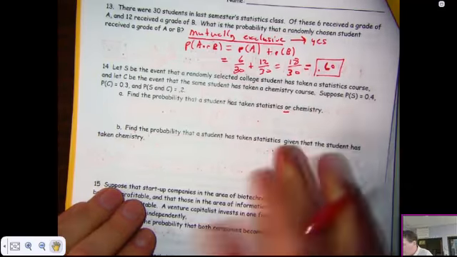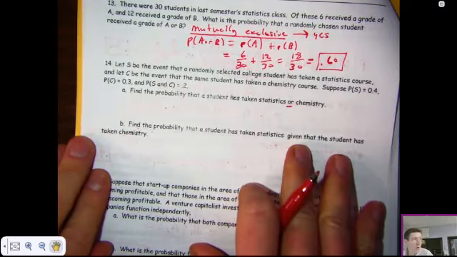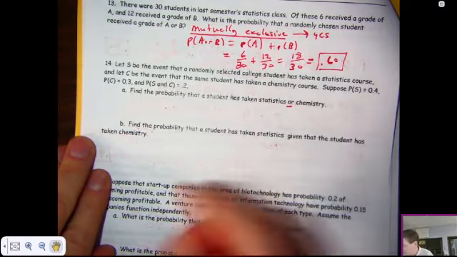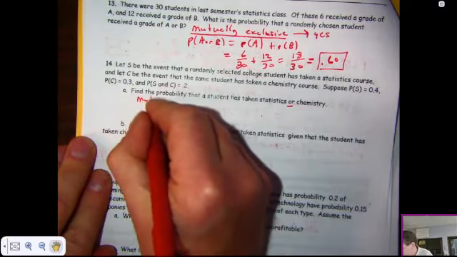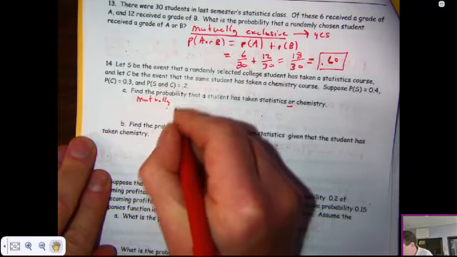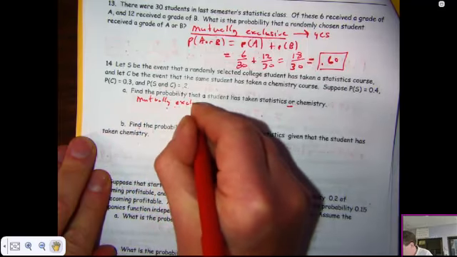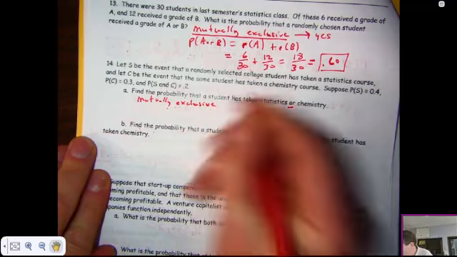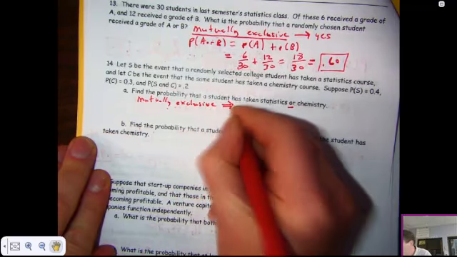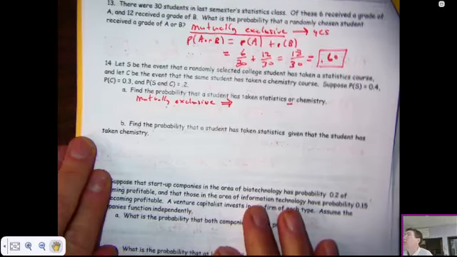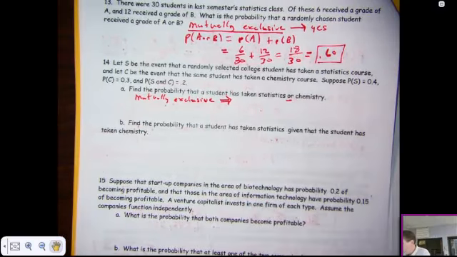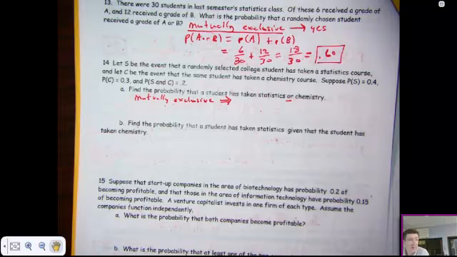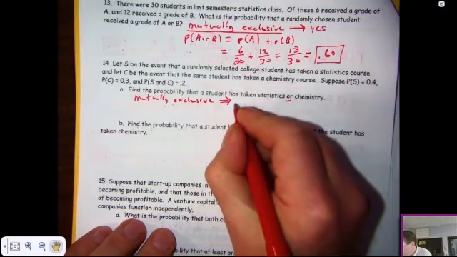Are they mutually exclusive? And what's your answer to that? Because you can have them. Yeah, so this time it's no, because you can take both stats and chemistry at the same time in the same semester, so that would be no.